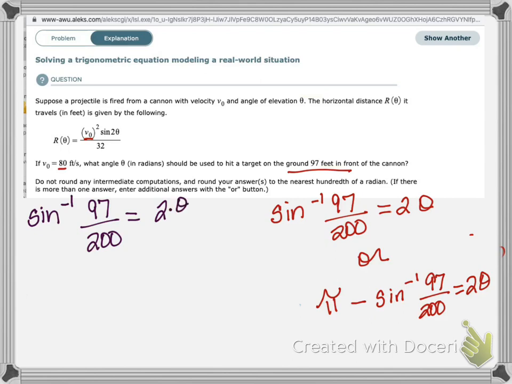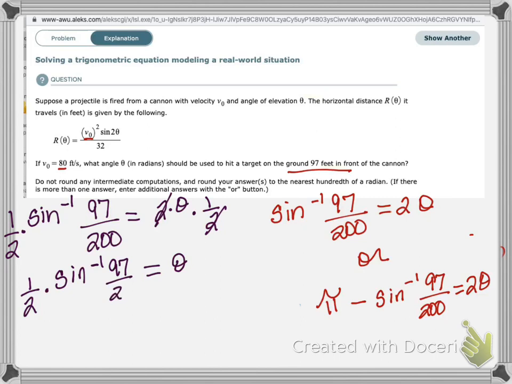What I can do here is multiply both sides by 1/2, because I can cancel out that 2 right there. So then I'm just left with theta. And so I have 1/2 times sine inverse of 97 over 200 equals theta. That's our first one.